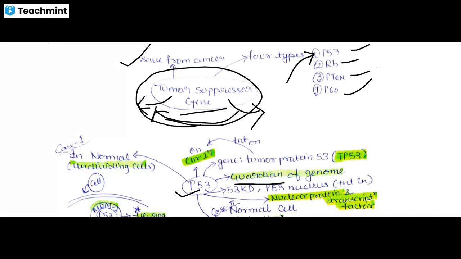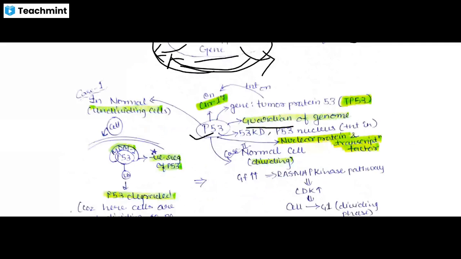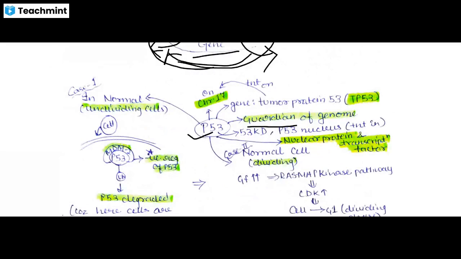Okay, so reading the basic points of P53, it is found on chromosome number 17. The gene which produces this protein is tumor protein 53, TP53. Why 53? Because its molecular weight is 53 kD and it is present in the nucleus, right?